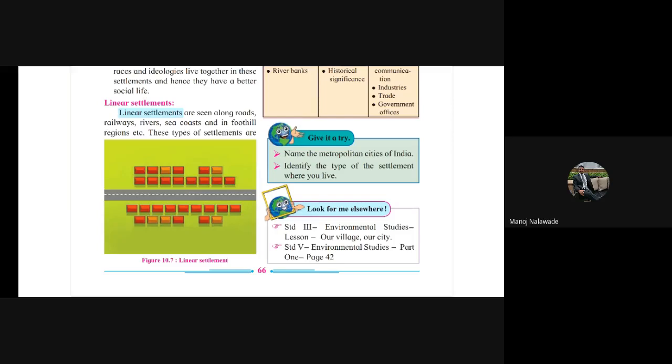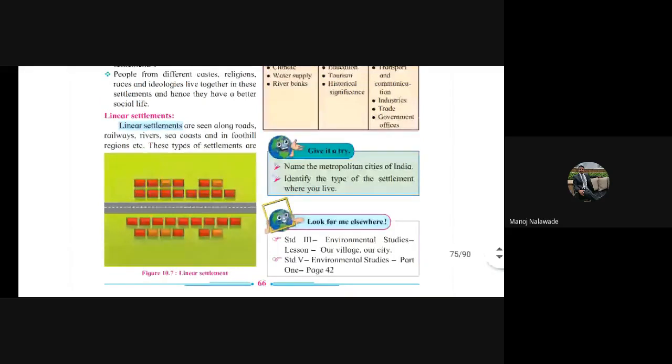See here is a road. If a railway line is passing, then on both sides of the railway line, there are settlements of people.